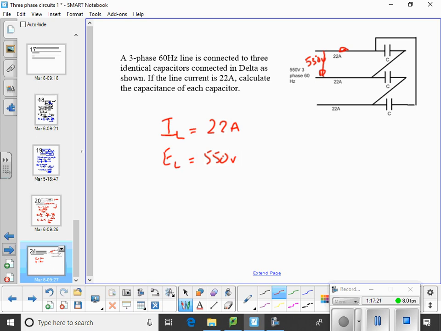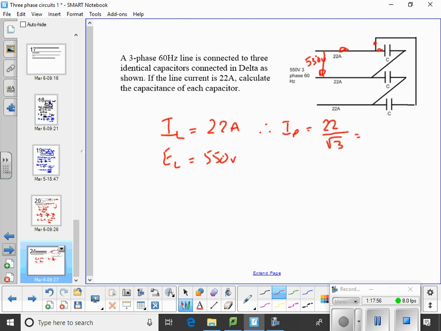What you need to be careful of is this 22 amps. Some of it is going to this capacitor, and some's going that way. So if we're going to calculate XC for one capacitor, we need IP, which is 22/√3, and whatever that is.